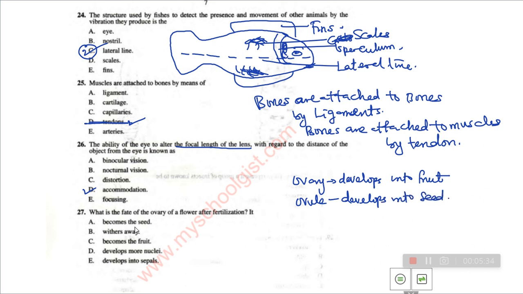So the fate of the ovary of a flower after fertilization is that it becomes the fruit. Had the question been ovule, I would have said it becomes the seed. So that's the answer for that question.